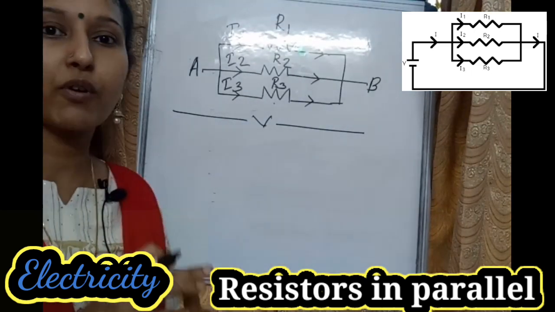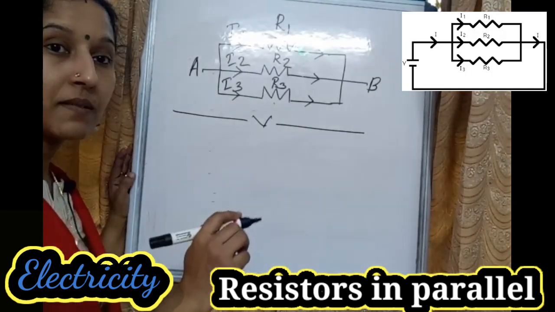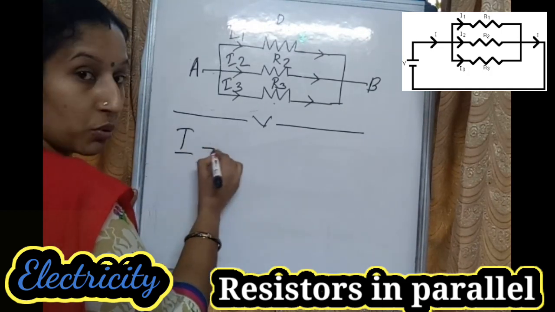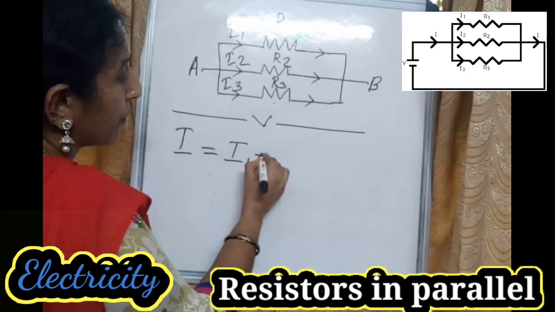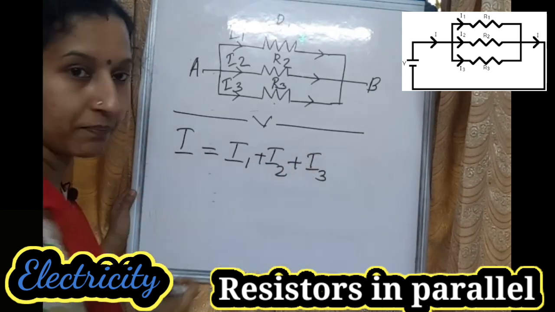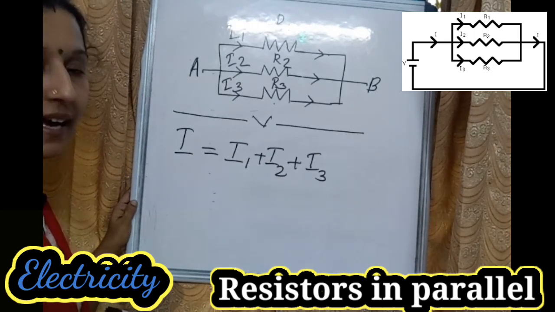V is same for all the resistors, so only V. And it is proved from the experiment that I equal to I1 plus I2 plus I3.